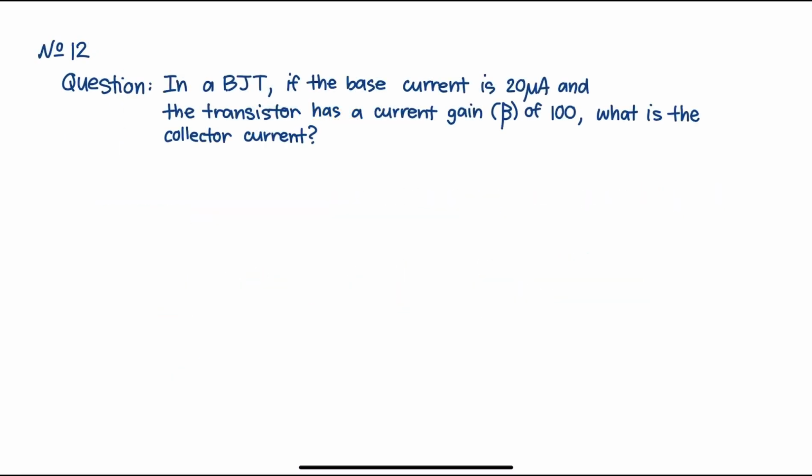Question 12. So in a BJT, which is a bipolar junction transistor, if the base current is 20 milliamperes and the transistor has a current gain beta of 100, what is the collector current? So in this case, we're going to use this formula. IC equals beta multiplied by IB.